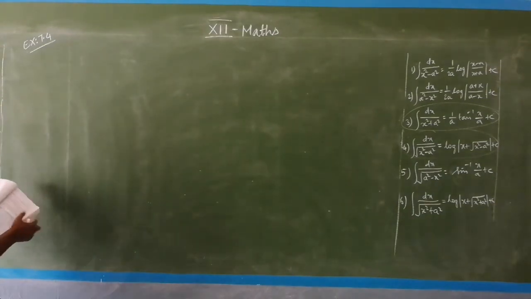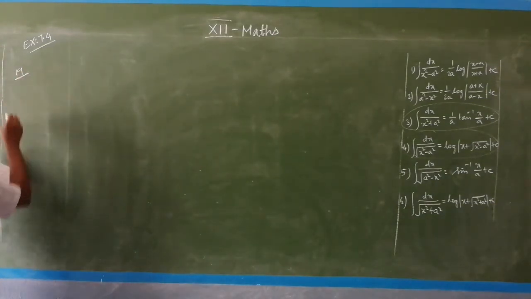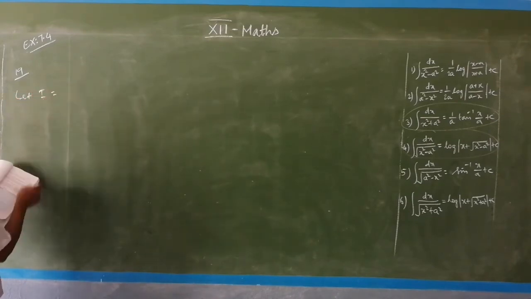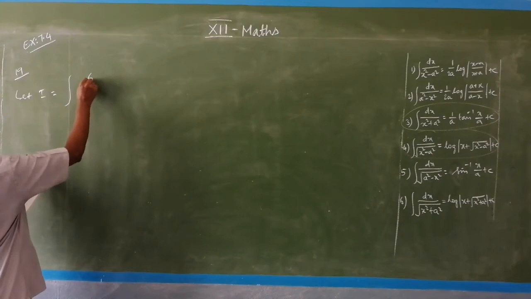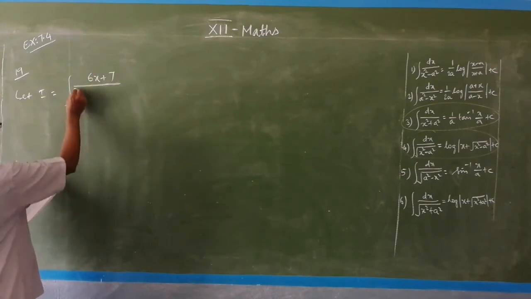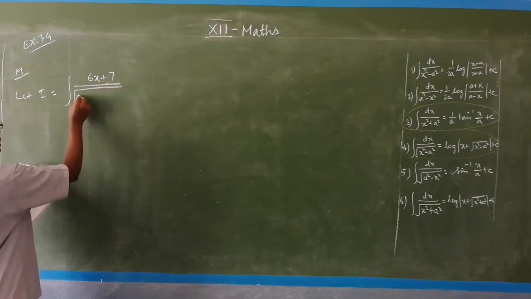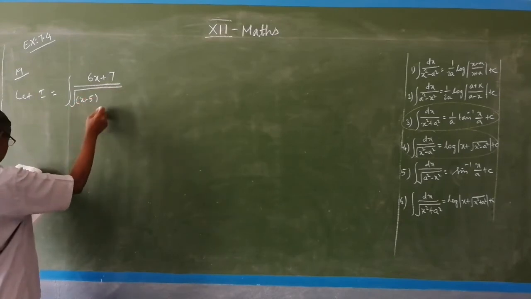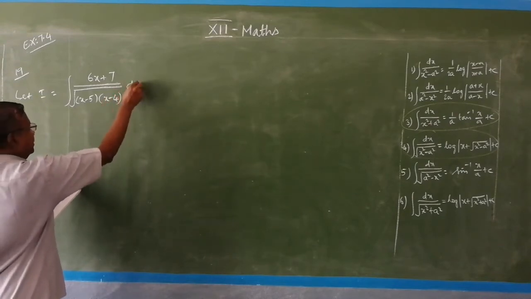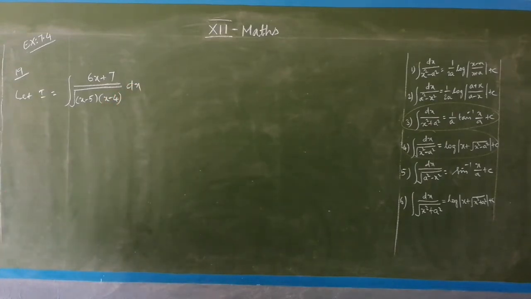Next question number 19. Let I equal to integral 6x plus 7 divided by root of x minus 5 into x minus 4, into dx. Now, for this we again go to page number 10.